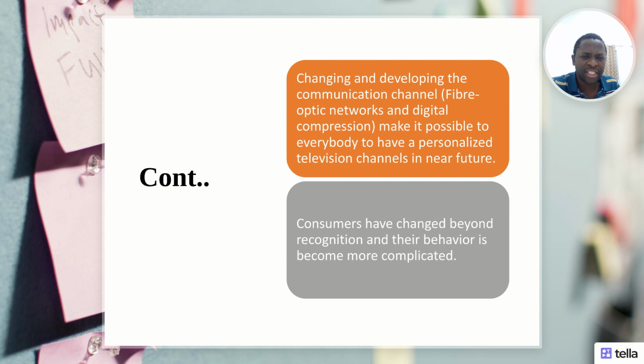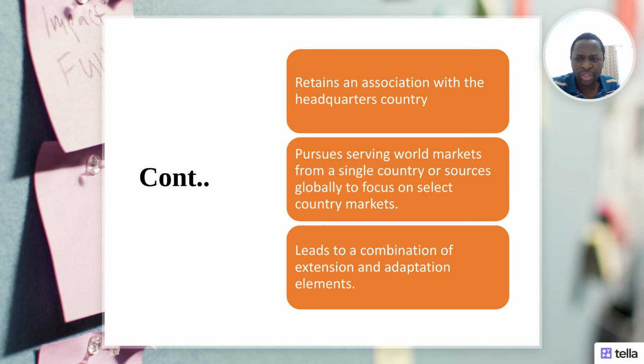Changing and developing the communication channel, aspects of fiber optic, digital compression are quite important improvements in marketing. Hence, it is quite easy now for organizations to go global and be in a position to be competitive by utilizing the aspects of the internet.